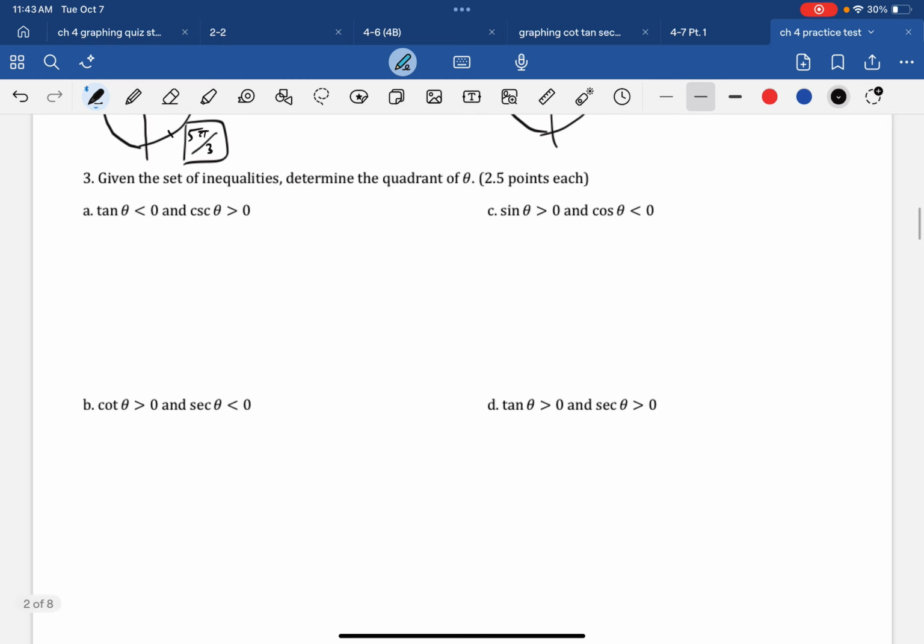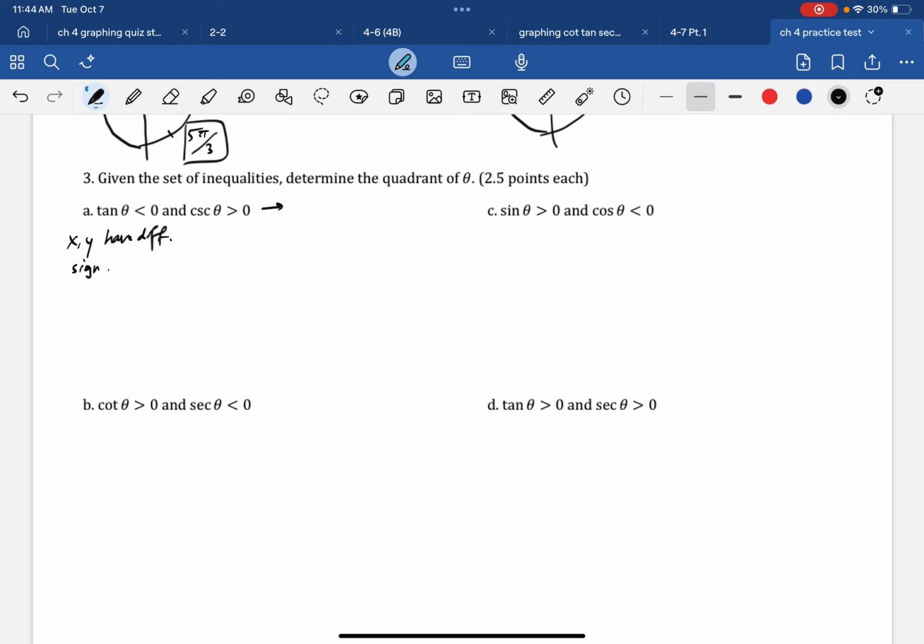Next question has us determining the quadrant of theta. So first question, if tangent is negative, then that means x and y have different sign, because tangent is just y over x, sine over cosine. So in order for that to be negative, x and y have to either be positive negative or negative positive.